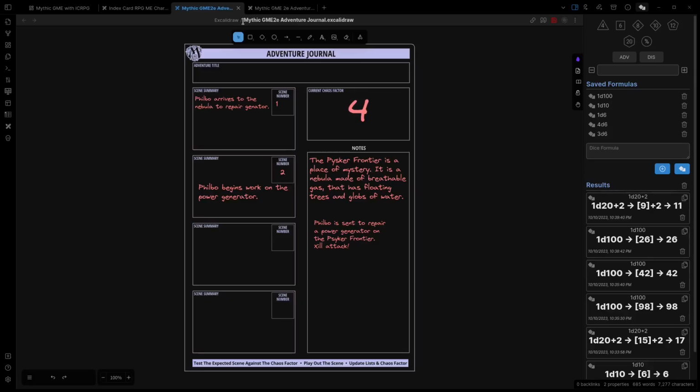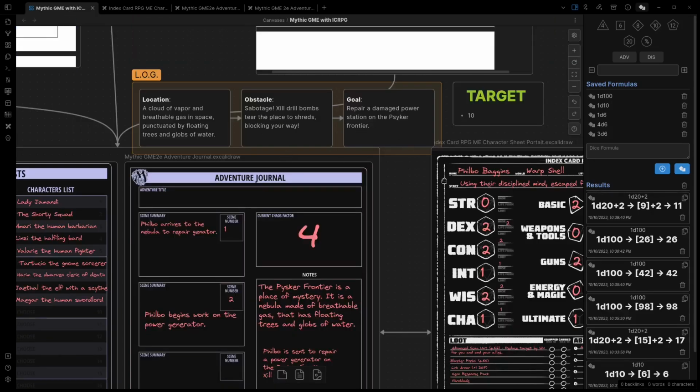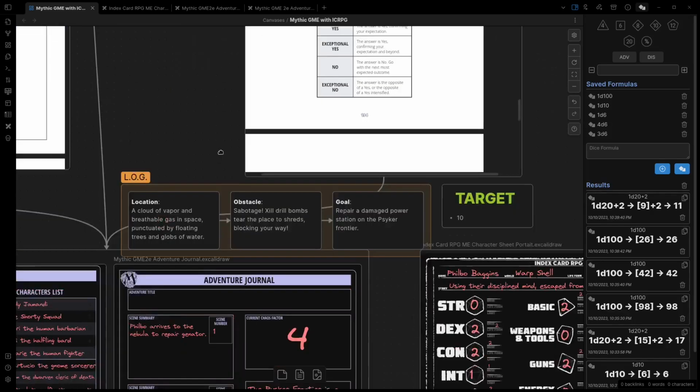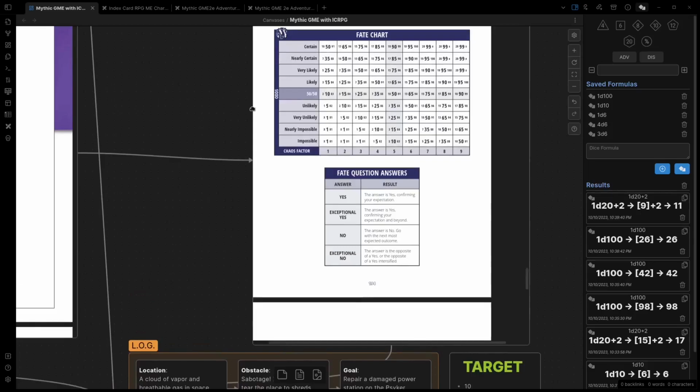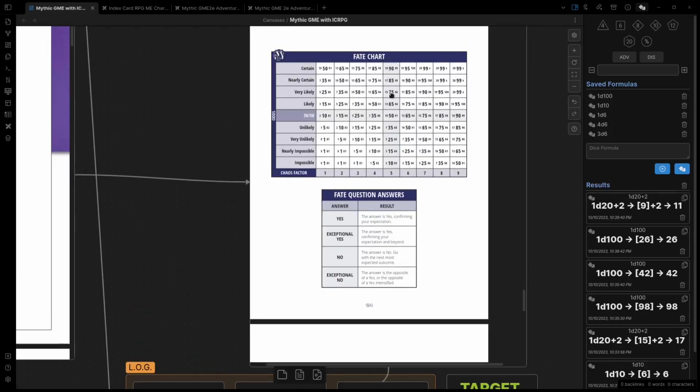What that does is it reduces the amount of chaos and sway in fate chart questions whenever I ask one. So if we were looking at very likely here with chaos factor 4, we notice that it goes down by 10%. So I'm less likely to have a yes answer, even though it's still above 50%.